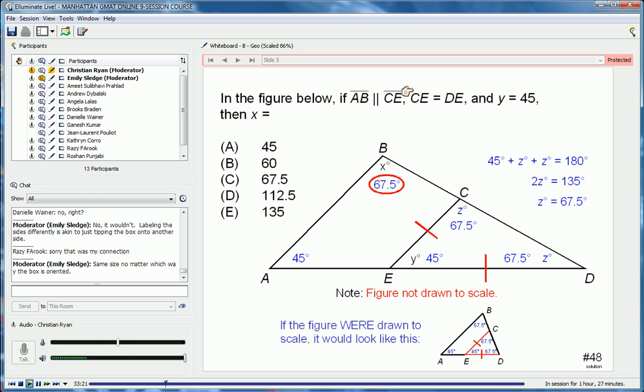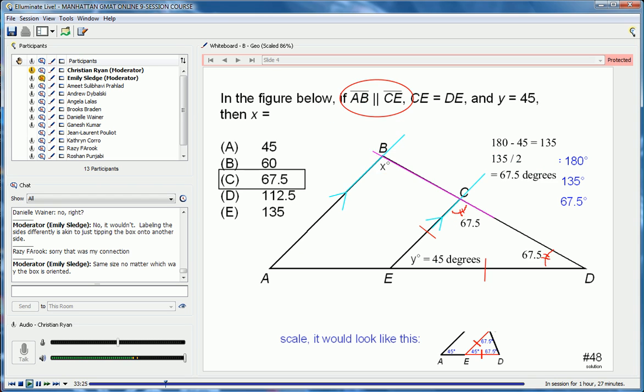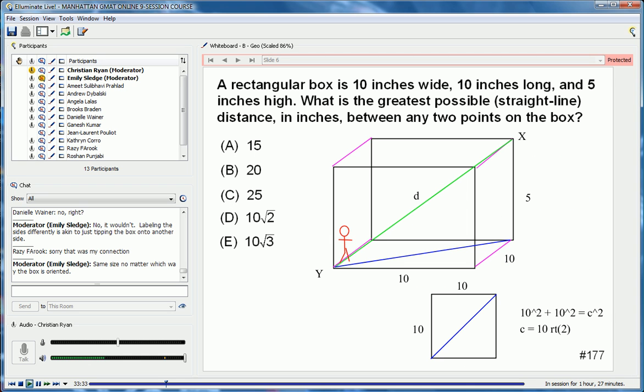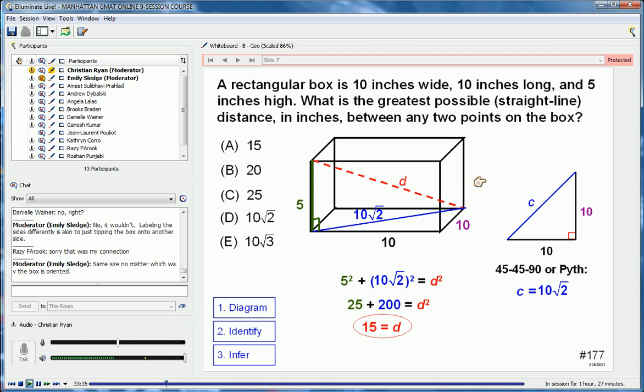If you don't see how to apply this to these parallel lines, you might actually extend the lines and see, oh yeah, I have a transversal. I have a line crossing two parallel lines. Same thing here. By redrawing the picture in a simplified way, you can sometimes spot what it is that you need.